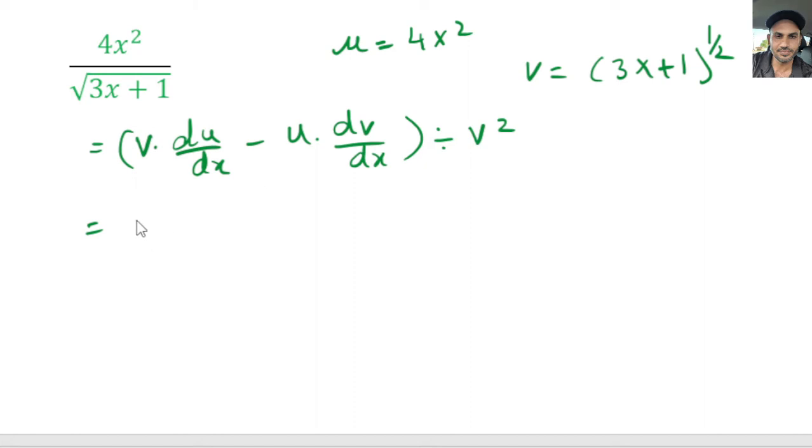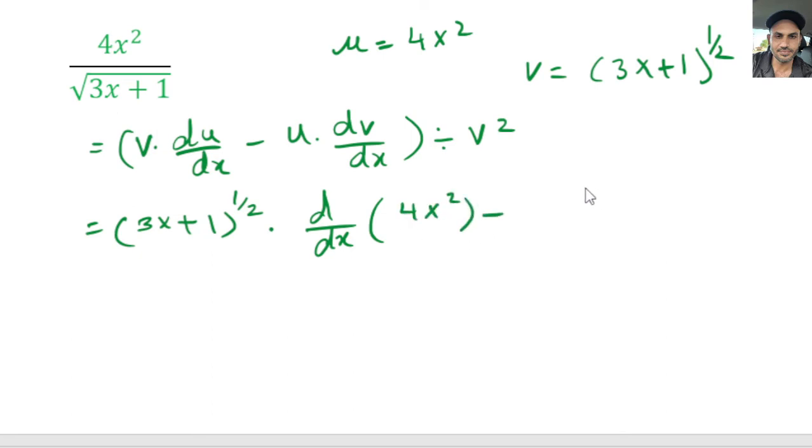Okay, now let's substitute the values of each of these into the expression. So we have v is 3x plus 1 to the 1/2 times, we want to take the derivative of u, so I'm going to go ahead and substitute u here, so it's 4x squared, minus, and then we have u, which is 4x squared, times the derivative of v with respect to x.